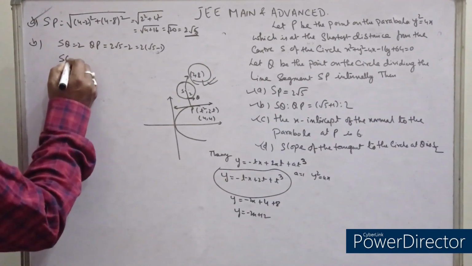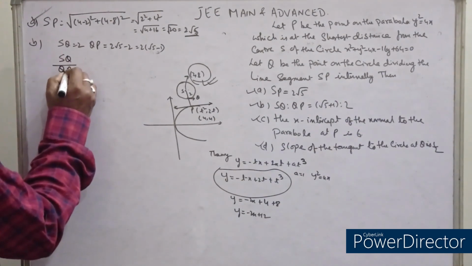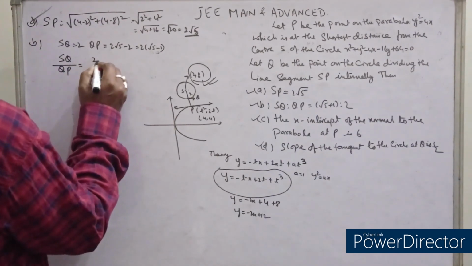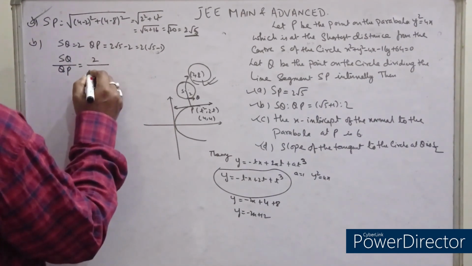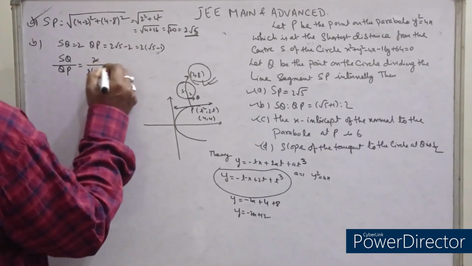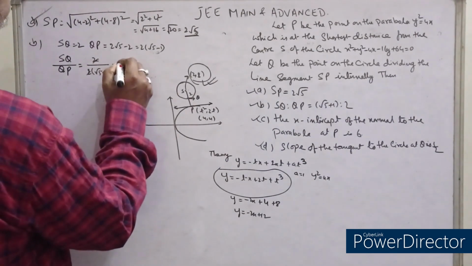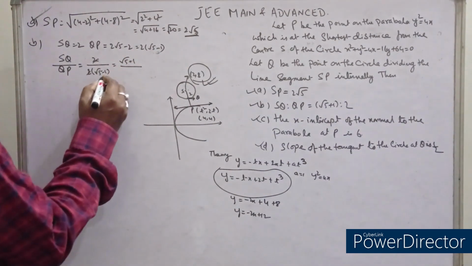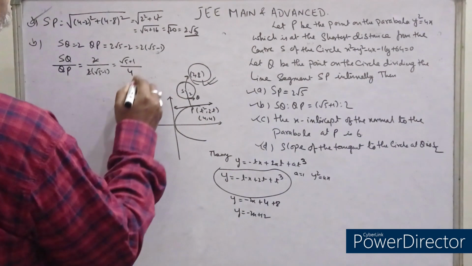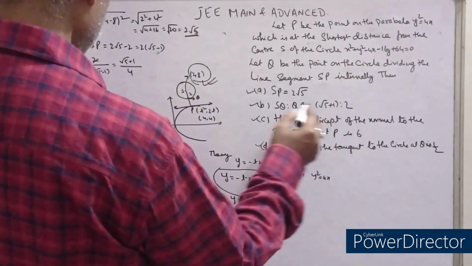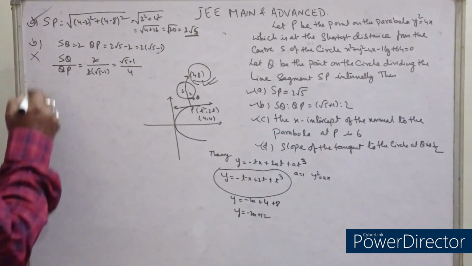So SQ by QP will be 2 by 2 (root 5 minus 1). Now I am going to rationalize it. When I rationalize this, it is root 5 plus 1 by 5 minus 1, that is 4. So your ratio is root 5 plus 1 is to 2. So this option is wrong.